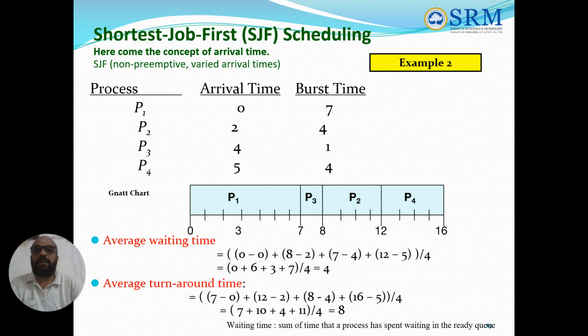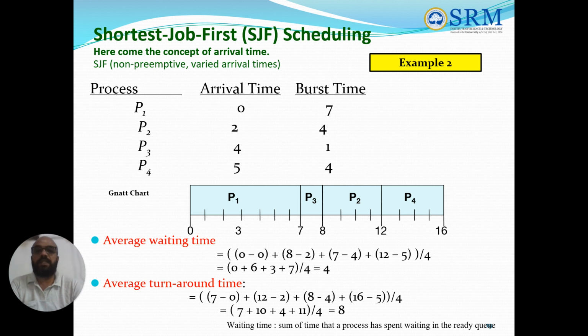Meanwhile all the remaining processes P2, P3, P4 arrive at 2, 4, and 5. Now when P1 completes its execution, all 3 processes P2, P3, P4 will be in the queue. When we check the shortest execution time, P3 is lesser when compared to P2 and P4.